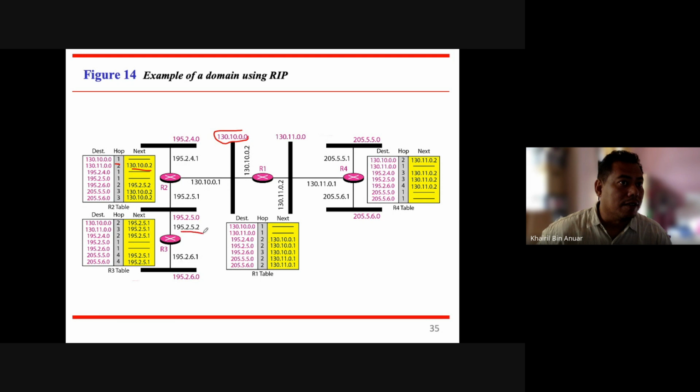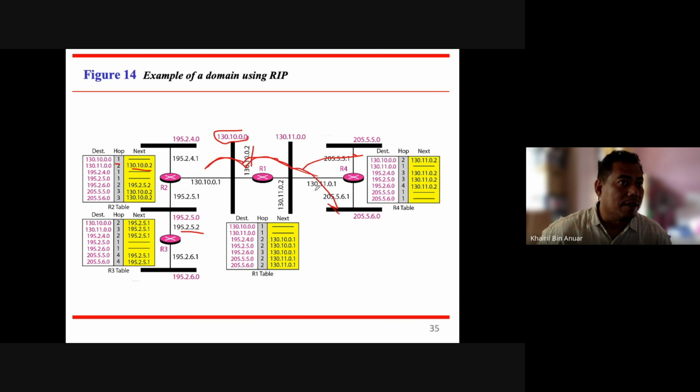192.2.5.2. Going to 55.0, you have to pass again through this interface, but then you need to count the hops: 1, 2, 3, so 3 hops over here. And it goes to 60: 1, 2, and 3 over here.